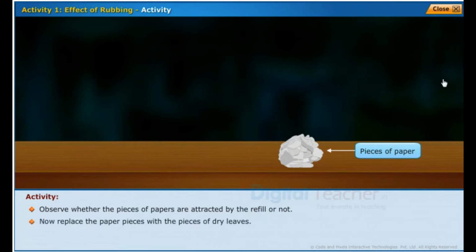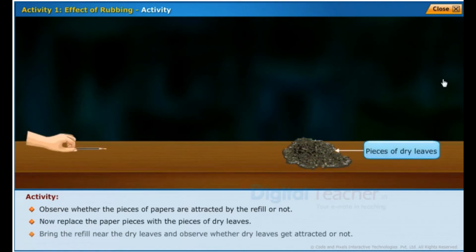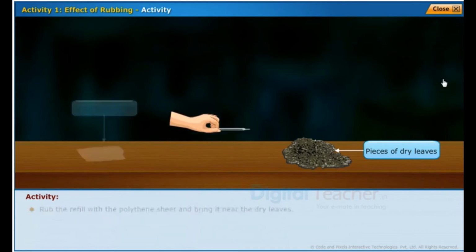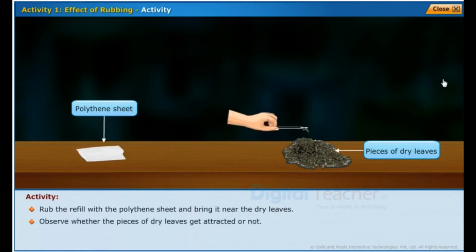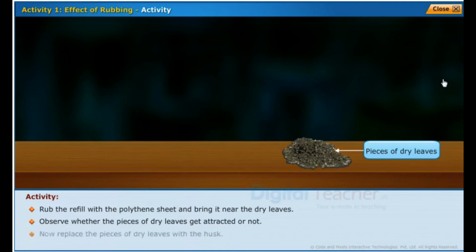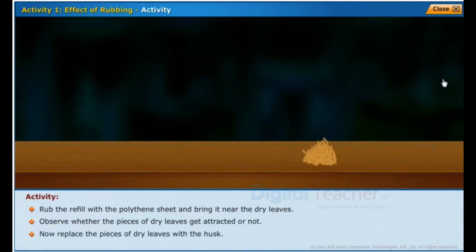Now, replace the paper pieces with the pieces of dry leaves. Bring the refill near the dry leaves and observe whether dry leaves get attracted or not. Rub the refill with the polythene and bring it near the dry leaves. Observe whether the pieces of dry leaves are attracted or not. Now replace the pieces of dry leaves with the husk.